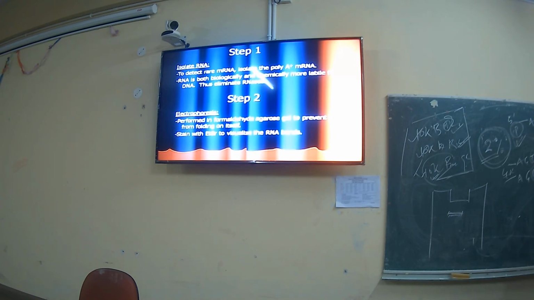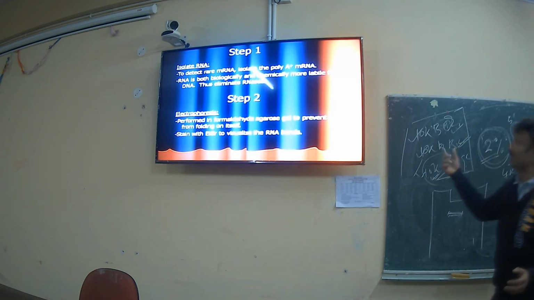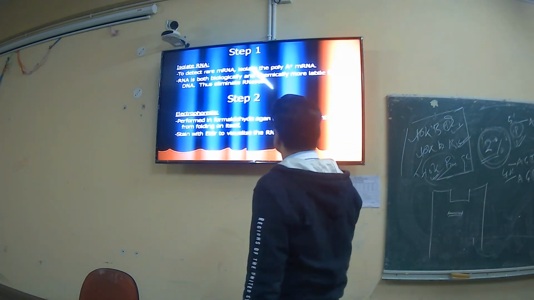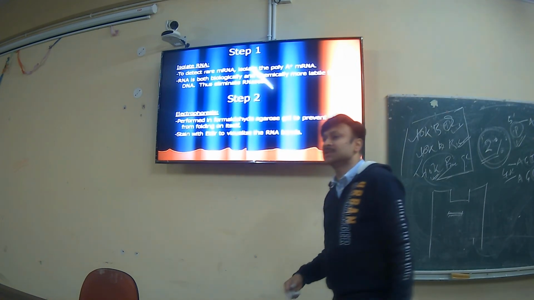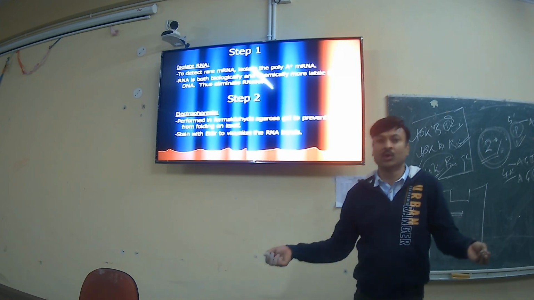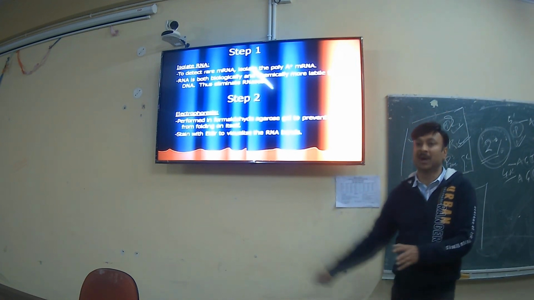So the first step is to isolate RNA, which detects mRNA, and isolate the polyadenylated tail mRNA, because this is an important thing. We already discussed that if it is a eukaryotic mRNA, the most important thing is that there is a polyadenylated tail. With the polyA tail, you can distinguish your eukaryotic mRNA from the rest of the mRNA.